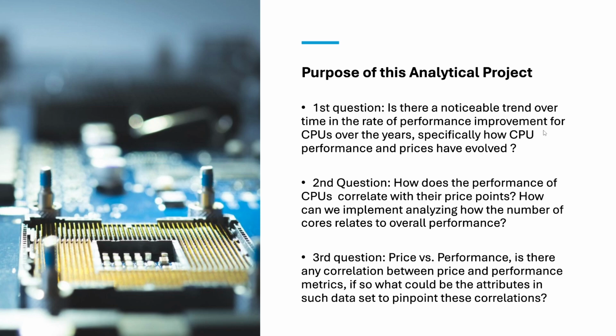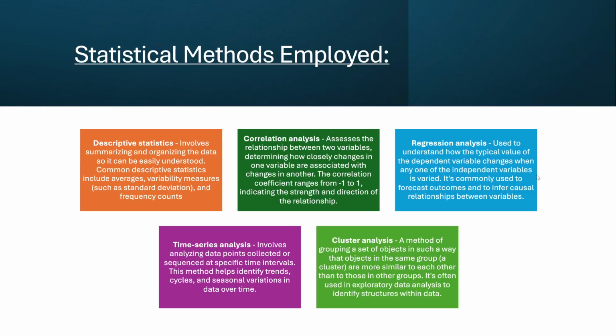So now moving on to our statistical methods that we employ for this. So we used 5 distinct statistical methods for this project. One was descriptive statistics, which helped us summarize the data, providing a clear picture of the CPU market landscape.